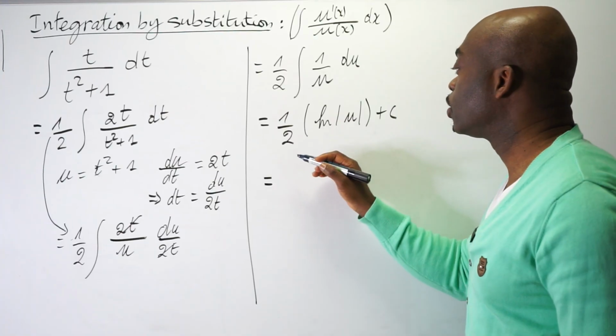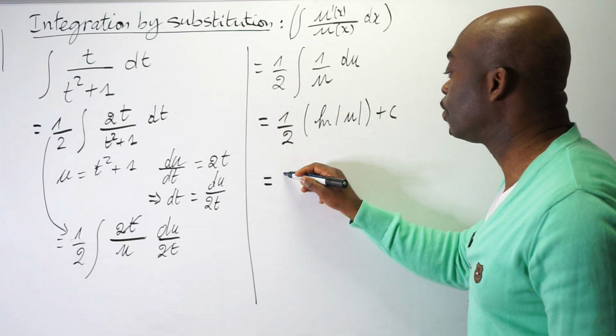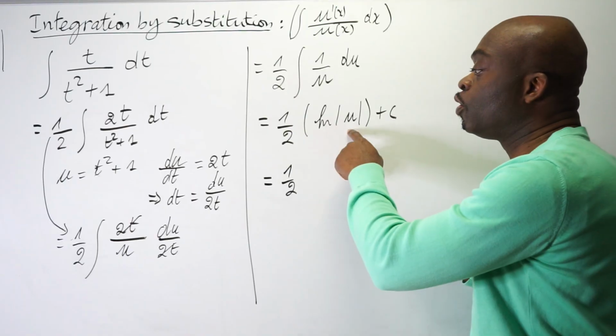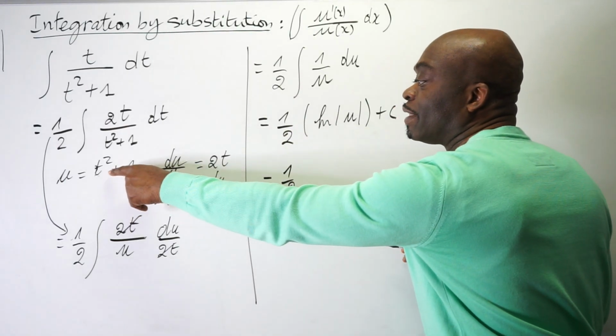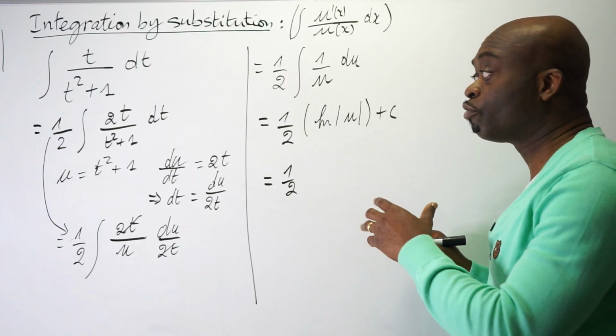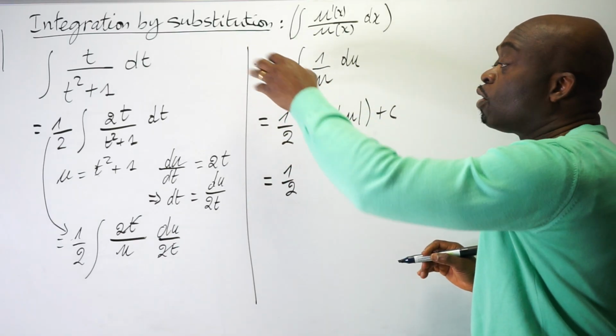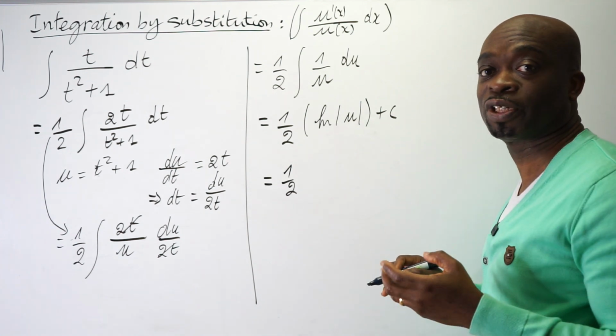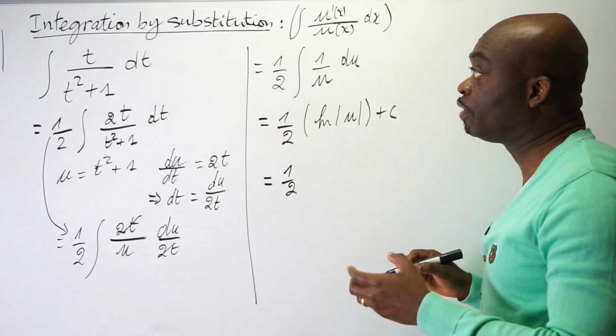So we keep going. This is the same thing as having 1 over 2. What is u? We set u before as t squared plus 1. So we have to substitute back, which is why we have this process called integration by substitution.